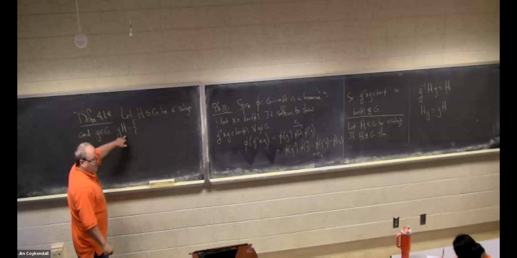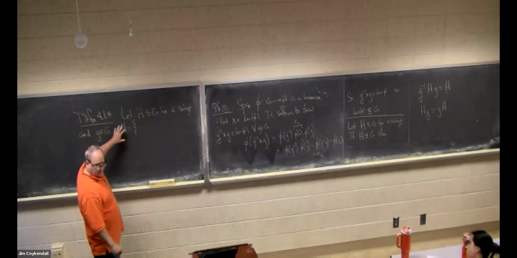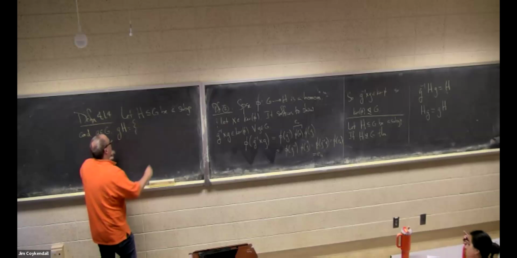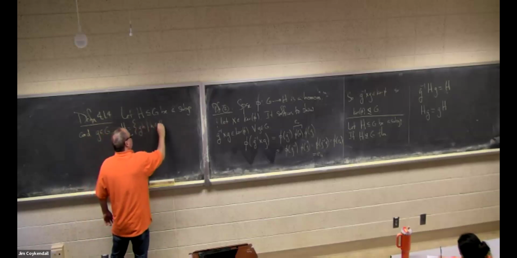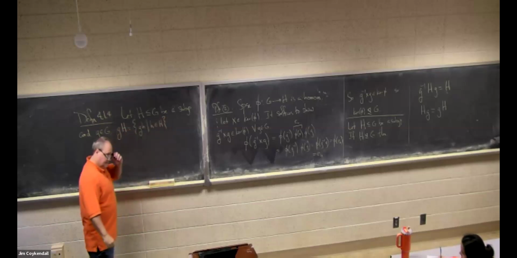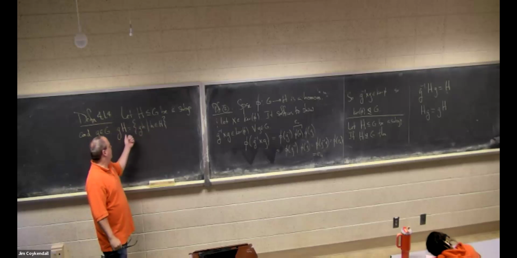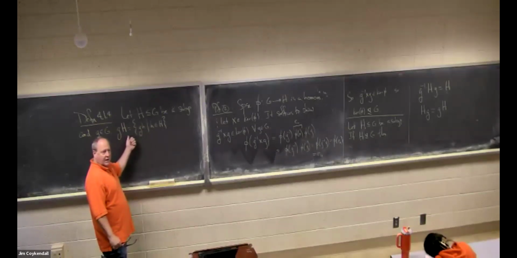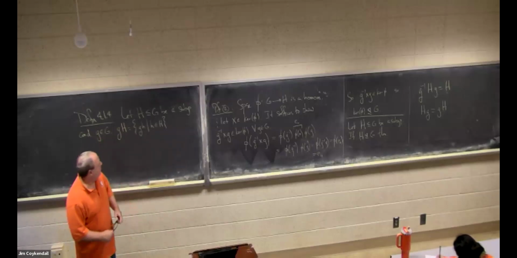What do I mean by gH? I think this notation is suggestive. This is a set: gH is gh as h ranges through the elements of H. So you take the entire list of everything in H and you put a g on the left side of it and you make a new list of things.